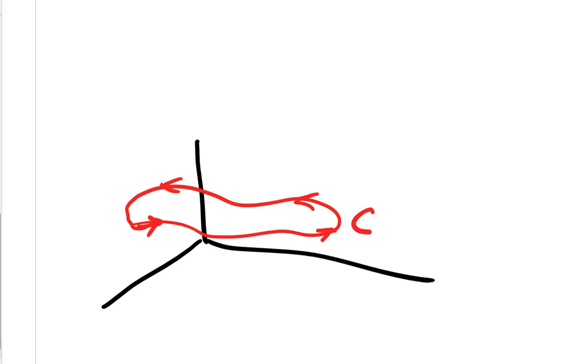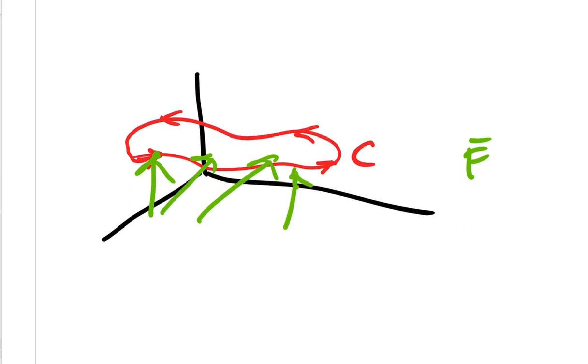Okay, so C is this closed curve, and then you have F, a vector field going through it somehow. Okay, maybe it's doing this, I don't know. And what you want is to find the work done, F dot dr over C.